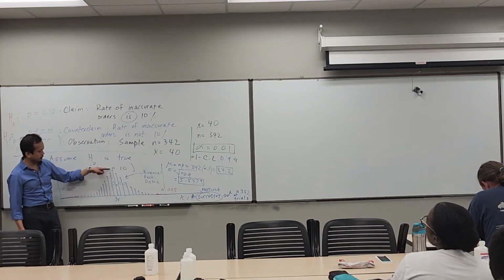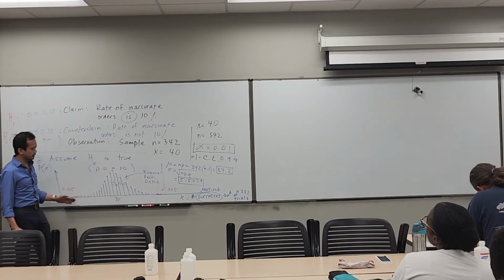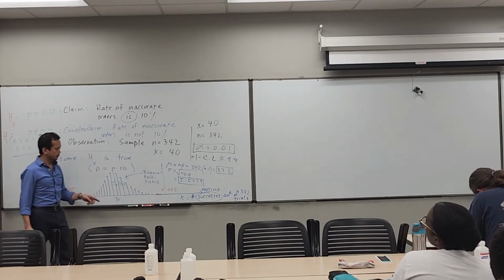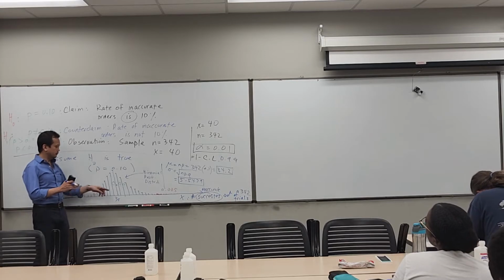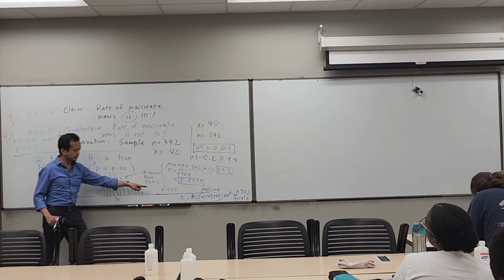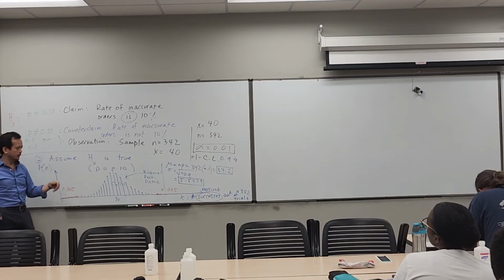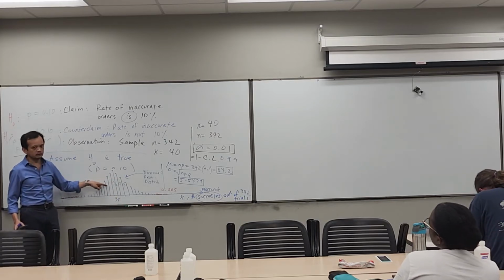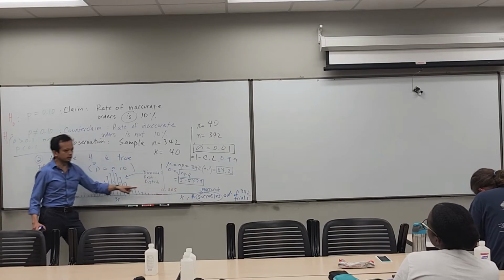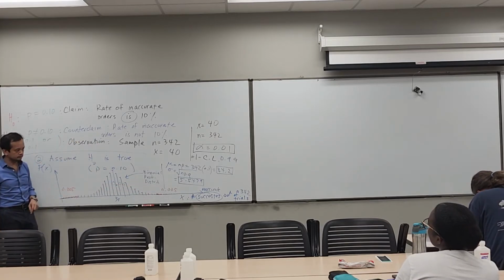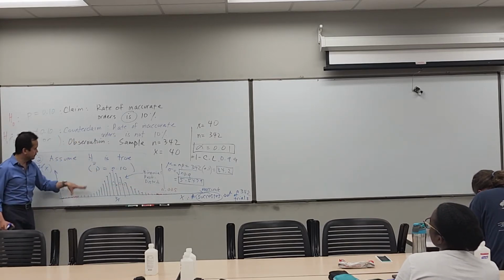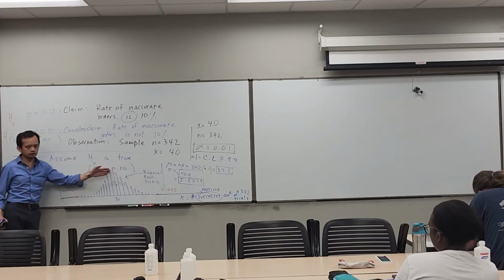The most often is 34, and as we move away, it gets less and less. We also see the body labeled as well as the tails. Everything in the body is considered typical, and everything in the tails is considered unusual for this distribution. So this is the whole visualization of assuming that P really does equal 0.10.